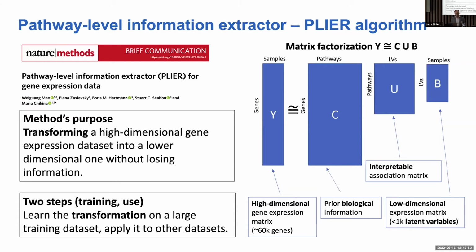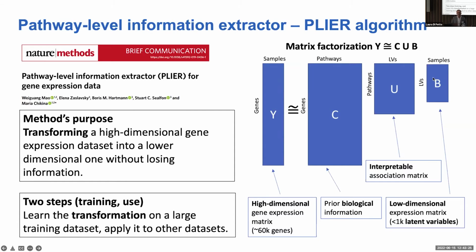It was published in 2019 in Nature Methods, and it is also the basis of what we use in our work. Essentially, with the PLIER algorithm, you can learn a transformation which allows you to perform this dimensionality reduction, going from a high dimensional dataset, this highly rectangular dataset, to a smaller dimensional one, this B dataset.